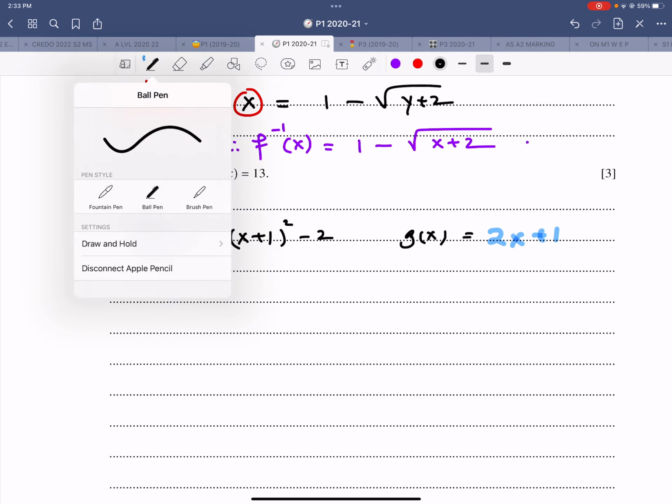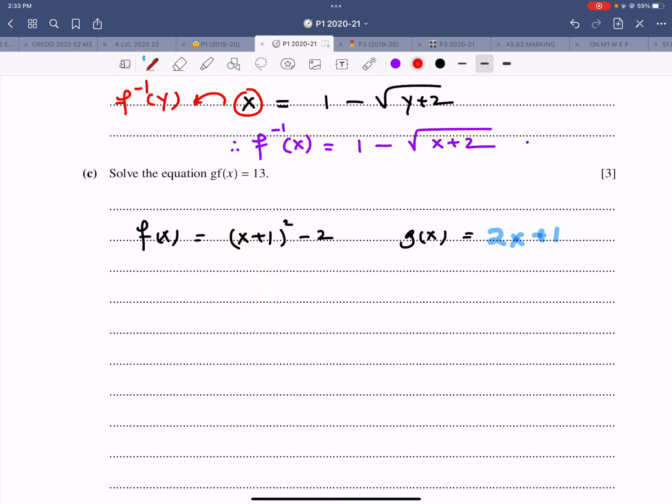Therefore, g of f(x) means f(x) goes inside g(x). That is 2 f(x) plus 1, that is 2 times ((x plus 1) whole square minus 2) plus 1. Take care of it, that whole thing goes inside.